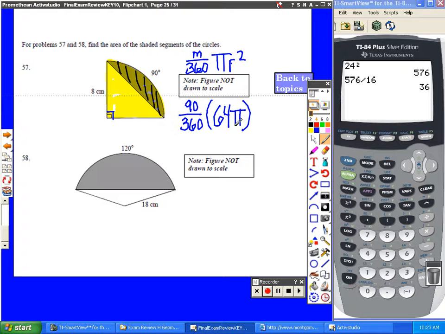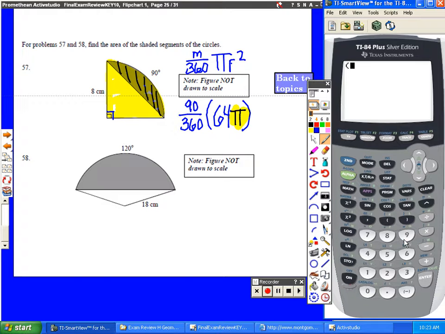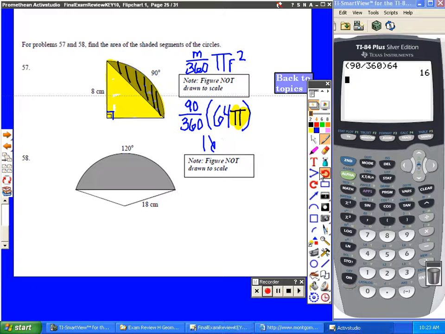You can type this directly into your calculator, excluding the pi. Don't put the pi in. But I'm going to multiply 90 degrees out of 360 multiplied by 64, which would be equal to 16 pi.